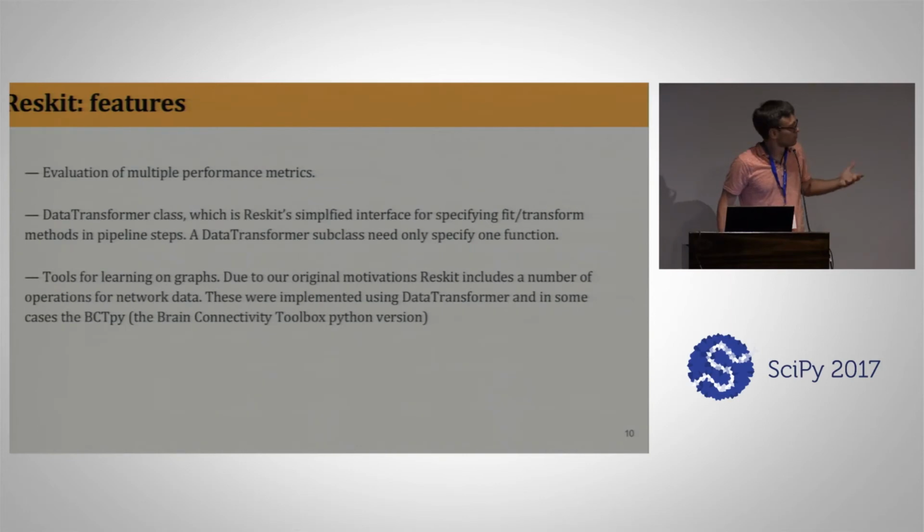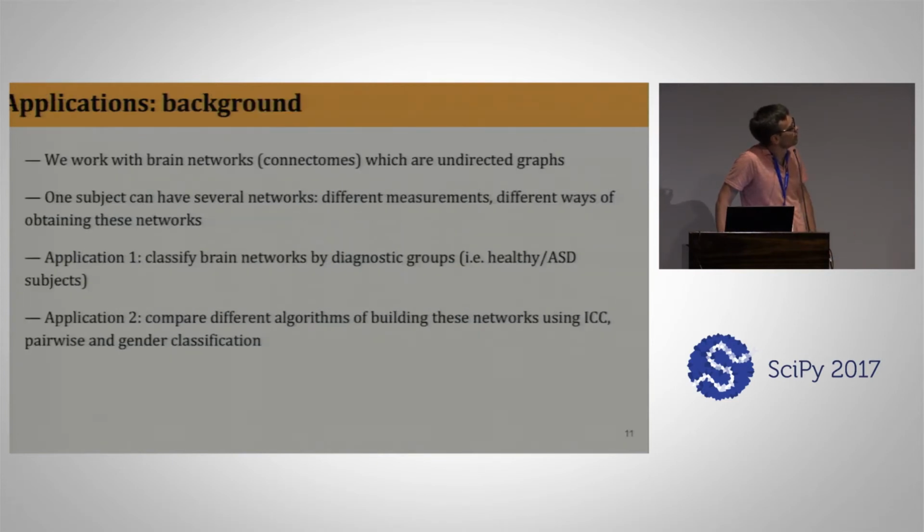And it also provides, and it's kind of specific, but that's why we developed it at some point, tools for machine learning on graphs. I will talk about it when I talk about our problems.